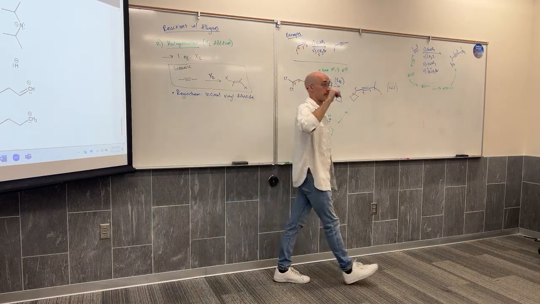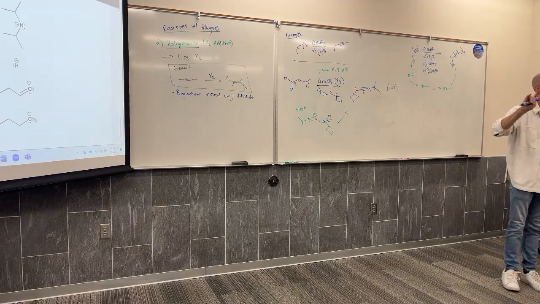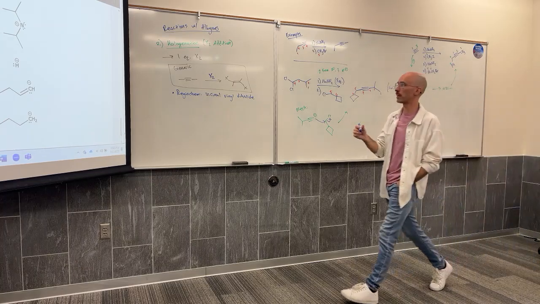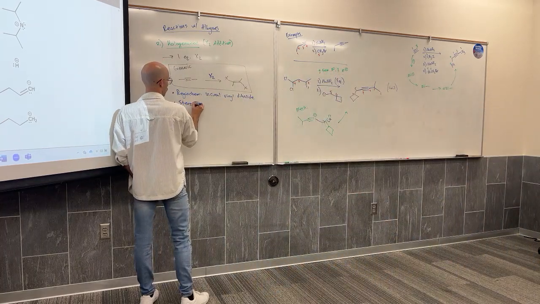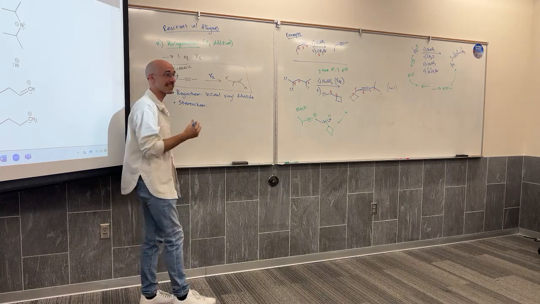Correct? The halogens are on 2 separate carbons, adjacent to each other, and they're connected to an alkene. That makes them vinyl. What about the stereochemistry about this reaction? Anti. This is anti-addition.